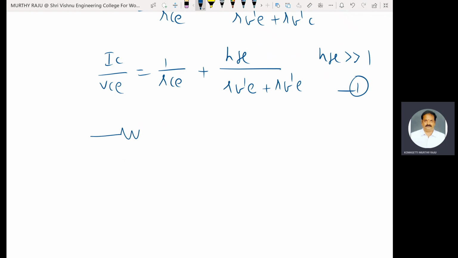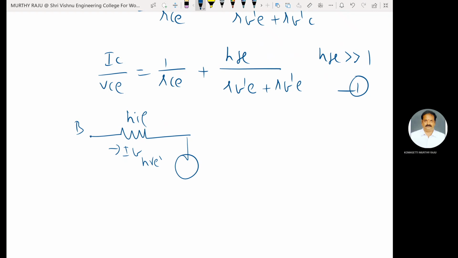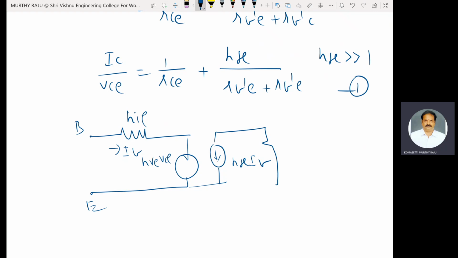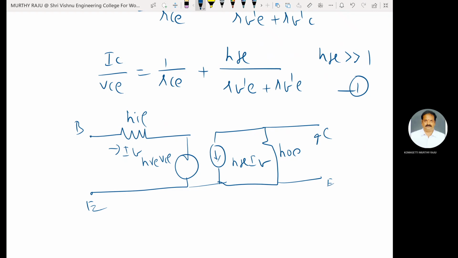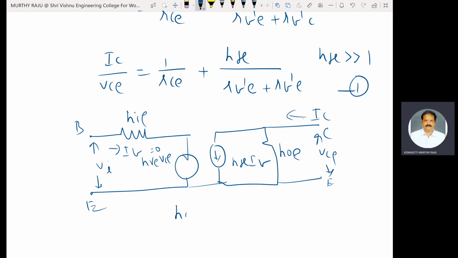For the H parameter model, we have HIE, IB, base, HRE, VCE, HFE, IB, this one is emitter, and the admittance is HOE with VCE. With IB equal to 0, HFE IB is open circuited.